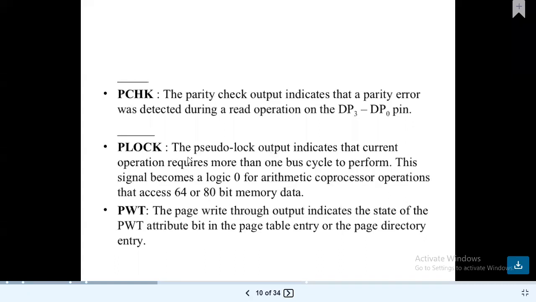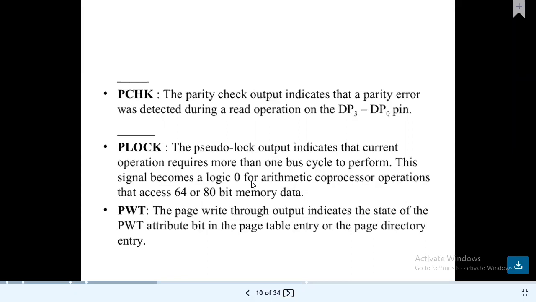PCHK is over, I think. The next is PLOCK, the pseudo lock output, which indicates that the current operation requires more than one bus cycle to perform. For performing more than one bus cycle, they have to use the pseudo lock.